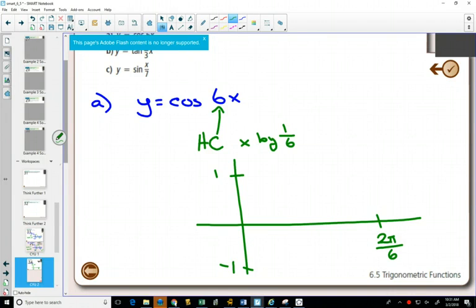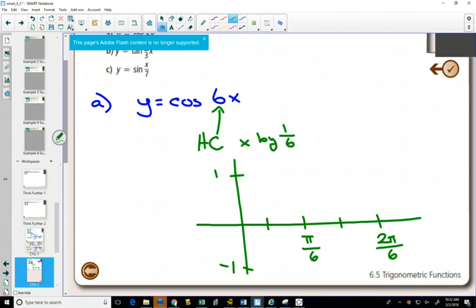And normally we would then split this into 4 equal sections. But now we have to label those 4 equal sections with new values. Now when I'm labeling these 4 different sections, and I know my period is 2 pi over 6, I always start with half. If you take 2 pi over 6 and cut it in half, does it make sense you'd have pi over 6?